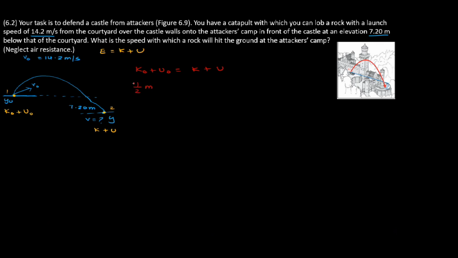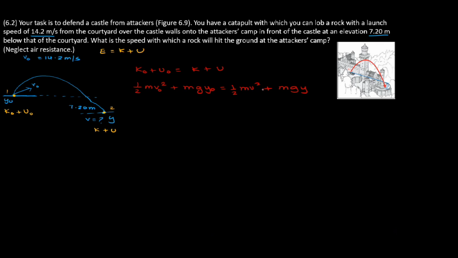So for the initial point, I will write that as half m v0 squared. And potential energy is mgh, where h is the height at which your object is raised. For the initial point, that height I will take as y0, equal to half m v final squared plus m g y, which is the height at the final point.